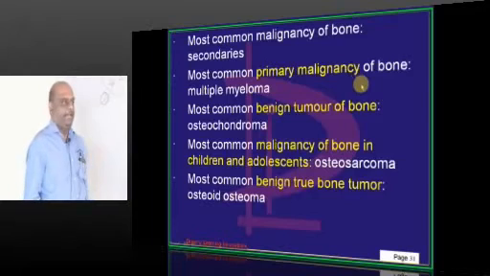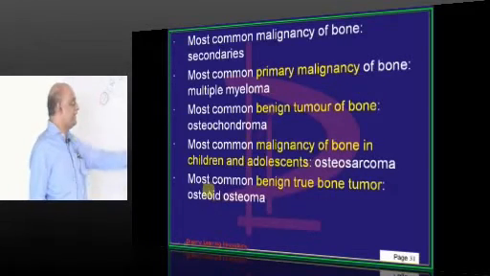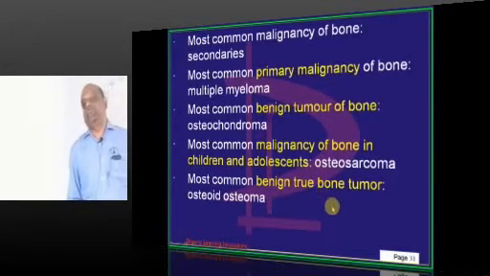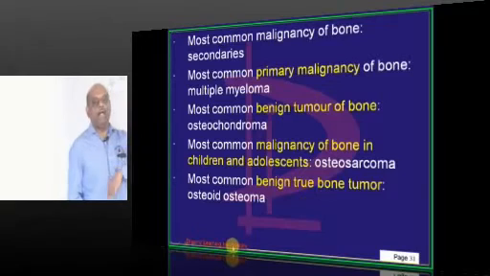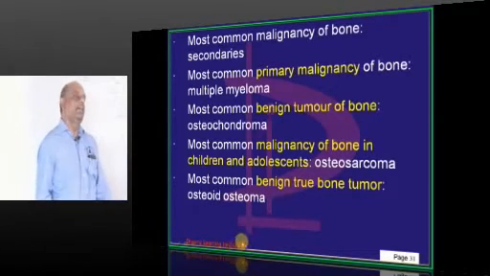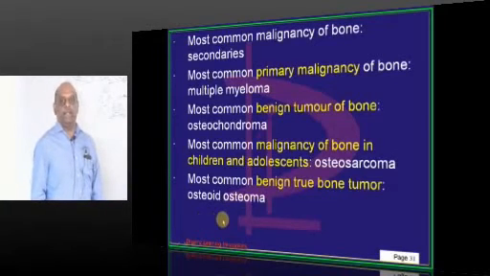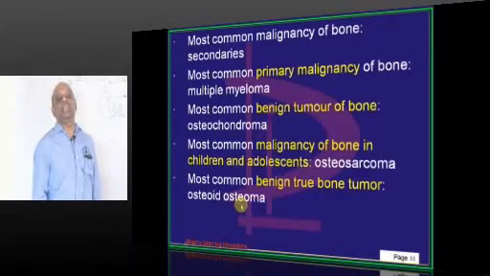Then what is the most common benign bone tumor? It is the osteoid osteoma, which is called the most common benign tumor, because osteoid osteoma is saying osteo 2 times, because it is most common, is what you have to remember.